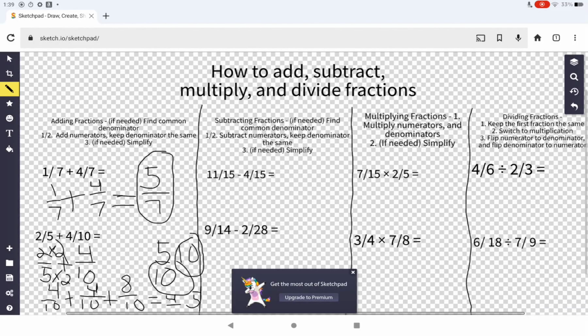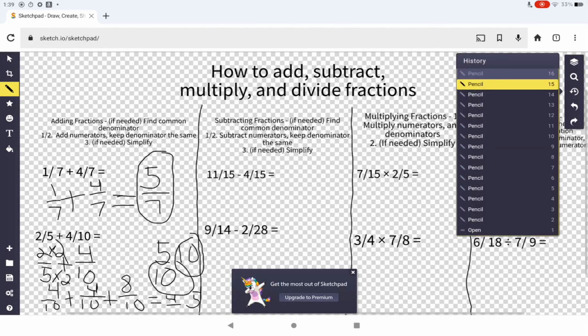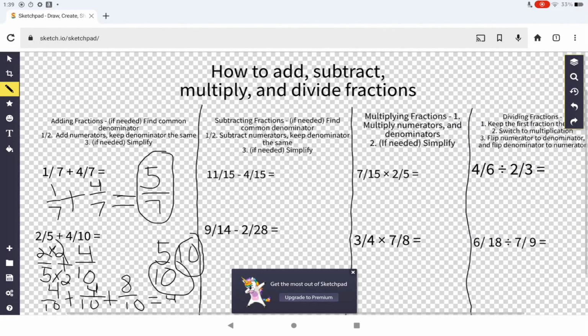I'll just write it with the slash because I don't really have room to write it with the bar. So 4/5 is our answer.